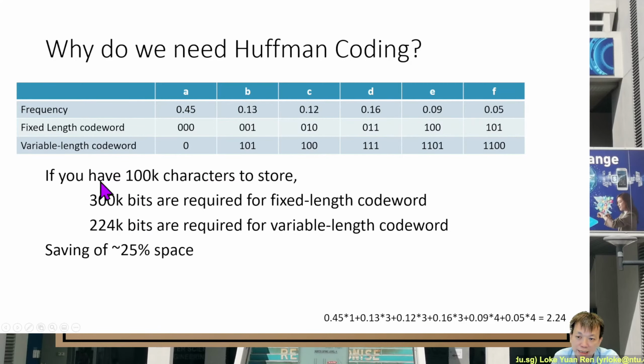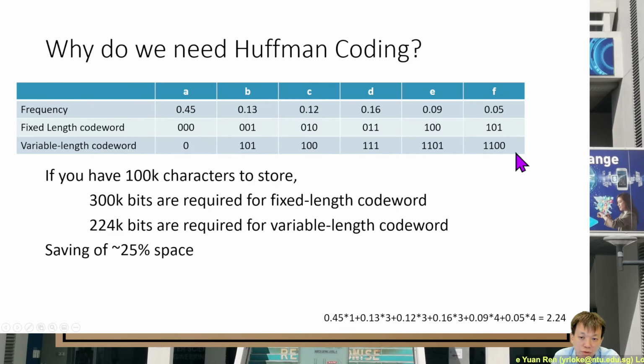But if I use a variable length code, then A, whose frequency is 45% of the time, I just use 0 to represent. B, C, D, maybe I use 3 bits. E and F are used less frequently, so I use 4 bits.